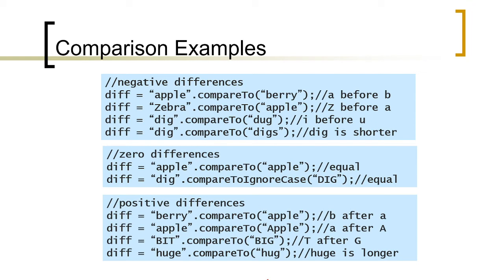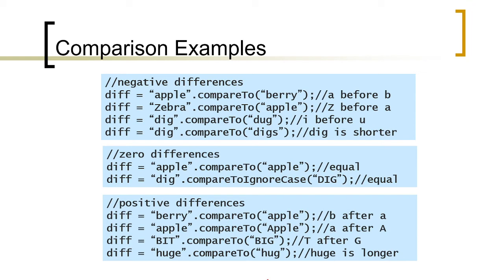All uppercase characters are lesser than all lowercase characters. So "Zebra" with the uppercase Z, compared to "apple" with the lowercase a. Since uppercase Z comes before lowercase a, it will return a negative difference. And then zero difference, as I mentioned, when word 1 and word 2 are equal, it will return 0.